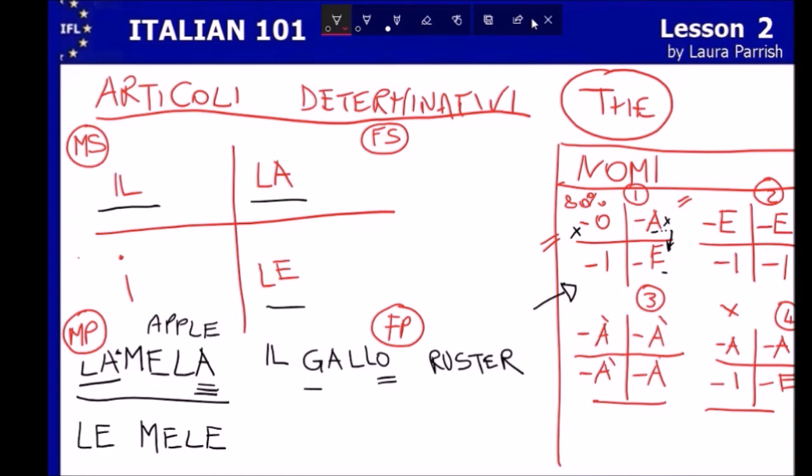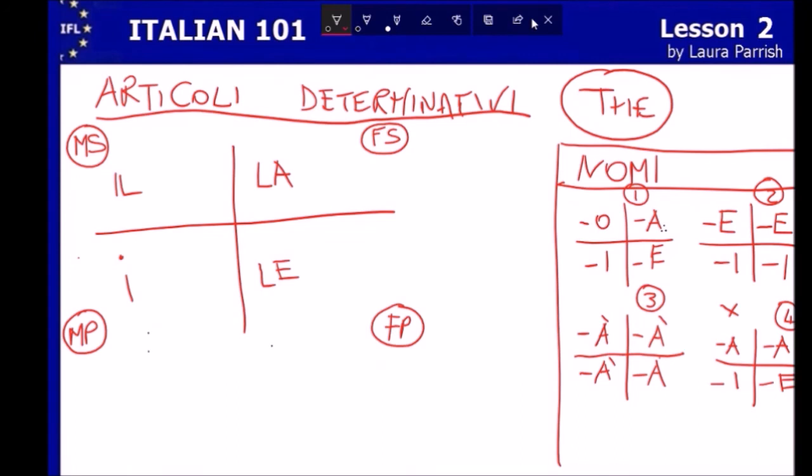Now gallo, let's make it plural. The masculine plural of gallo is galli. You substitute the O with an I. So what is the masculine plural article? Here it is, i galli. Excellent. Okay, so now let's go with another word, for example, that belongs to the second pattern. We have, for example, elefante.